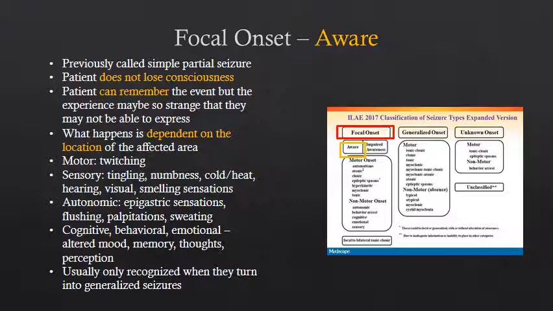Some patients can have autonomic presentations, where they have a strange sensation in their epigastrium, in the stomach, flushing or palpitations or sweating. Some patients can also have cognitive, behavioral, or emotional symptoms, where they have altered mood, memory, thoughts, and perception, sometimes even hallucinations.